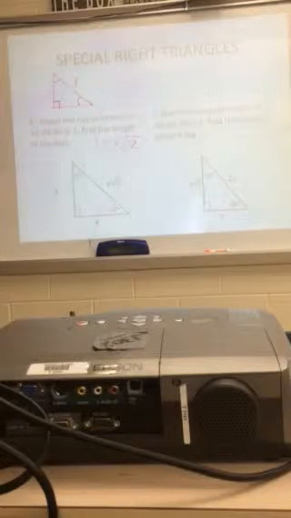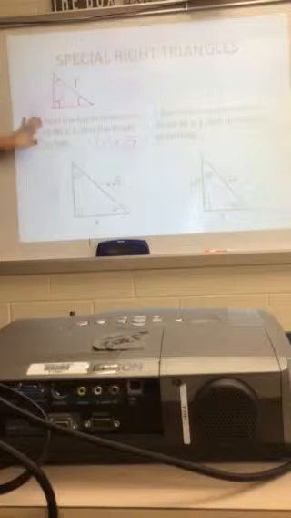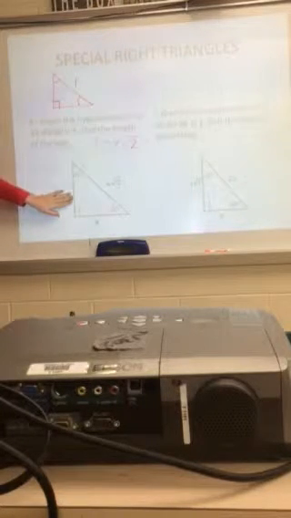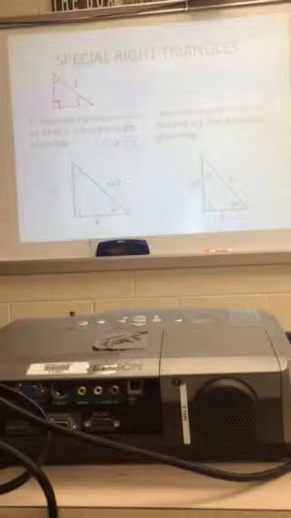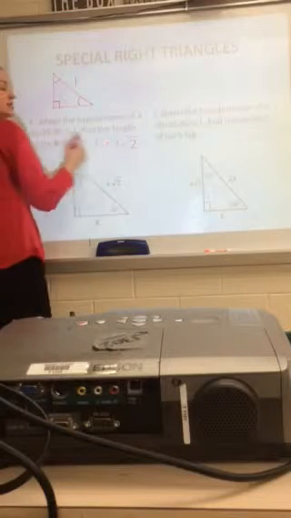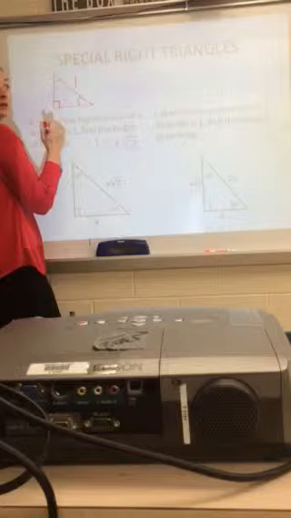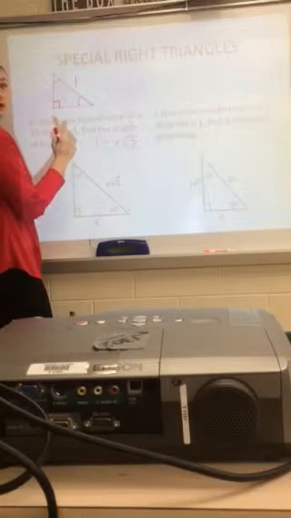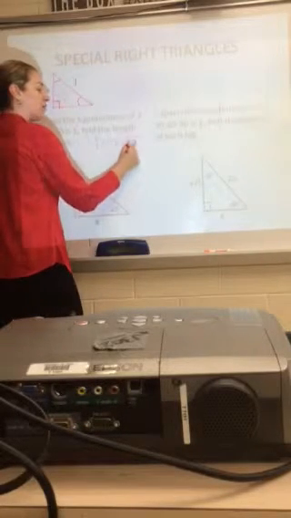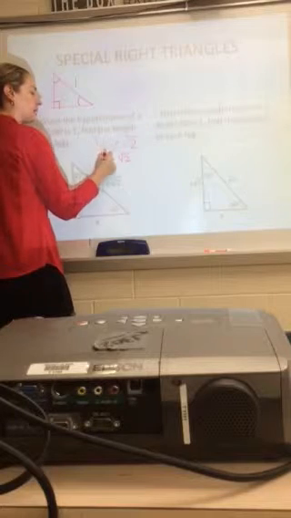The hypotenuse in this 45, 45, 90 is the same as the hypotenuse in this 45, 45, 90. If I solve for x, algebraically, what do I need to do? Get x by itself. This says x times root 2. Divide by root 2.